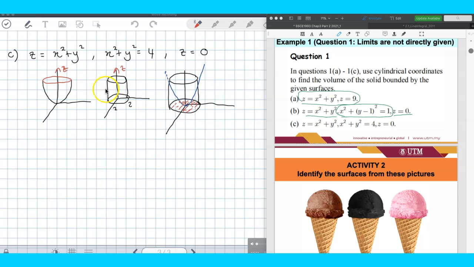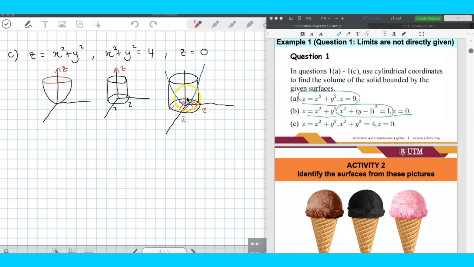When we combine the bowl and the cylinder, the size of the solid depends on the size of the cylinder here, which is 2, and they will join together at the same z.